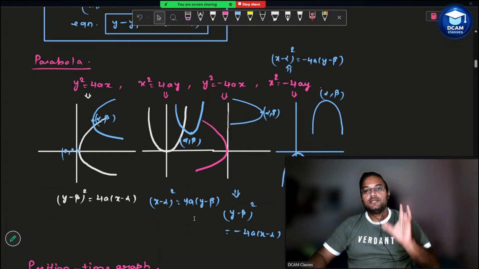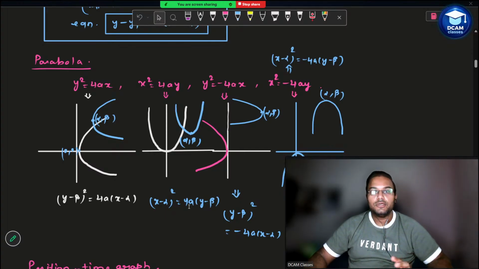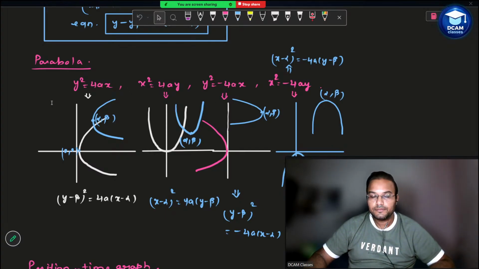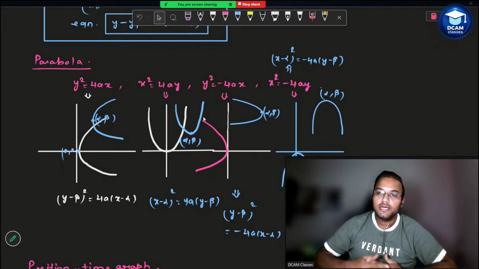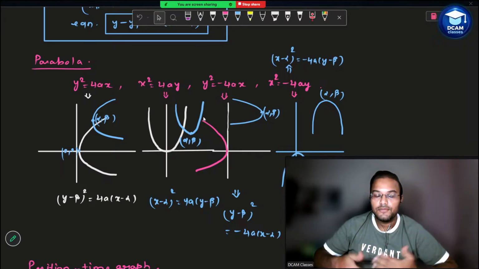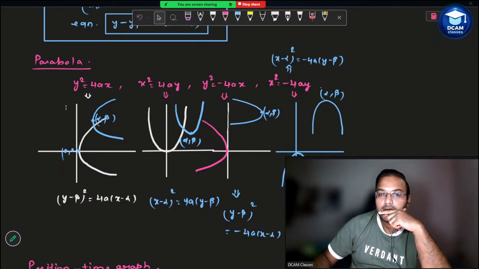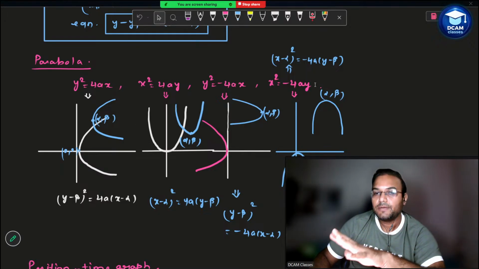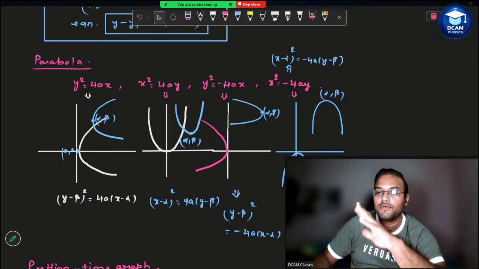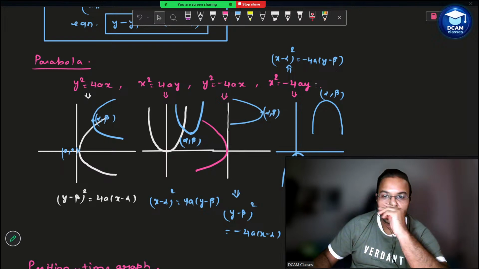Now the thing that you do not know is about parabola. The parabola is yet to be done, but when we want to draw the graph, we should have a basic knowledge of the parabola plotting. There are 4 different kinds of parabola. One is y square equal to 4ax, one is x square is equal to 4ay, y square is equal to minus 4ax, x square is equal to minus 4ay.